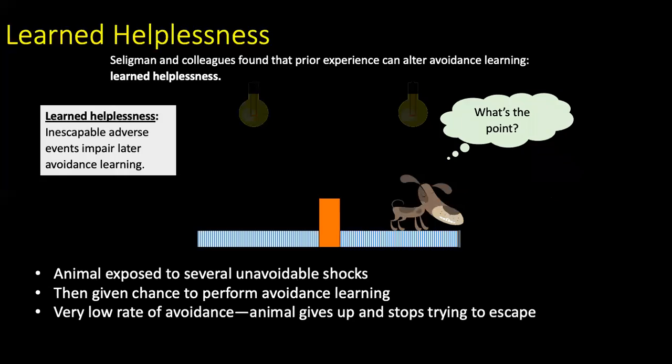Even to the point where later on, if you remove that additional barrier, they have the same discriminative stimuli to learn that association, but we see in behavior that the animal seems to have given up. We see very low rates of avoidance learning at this point. They don't even bother trying to escape.